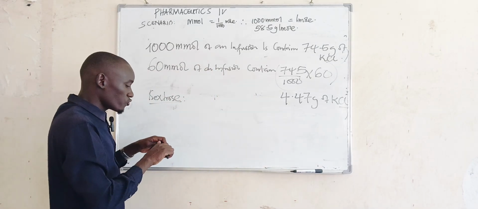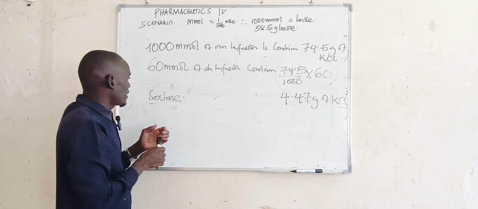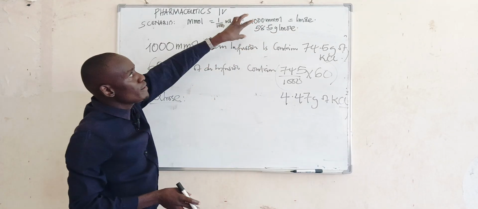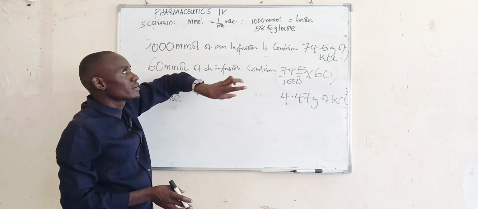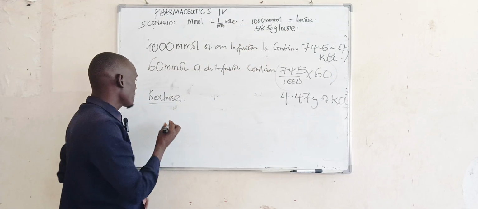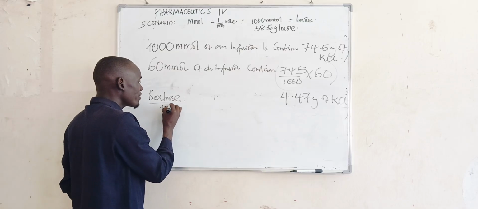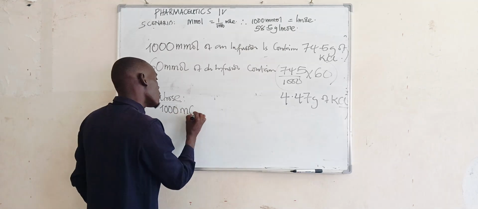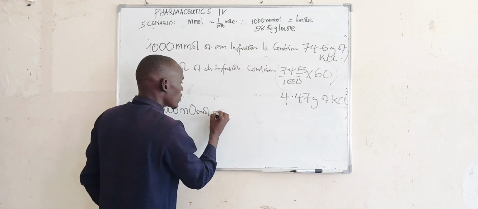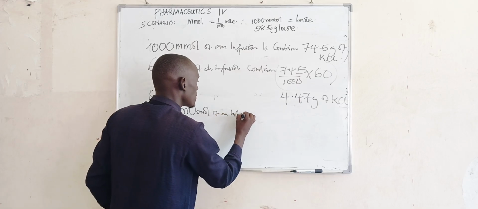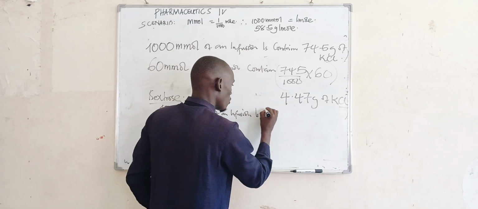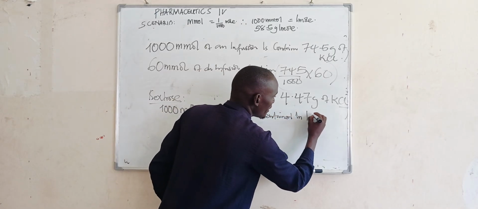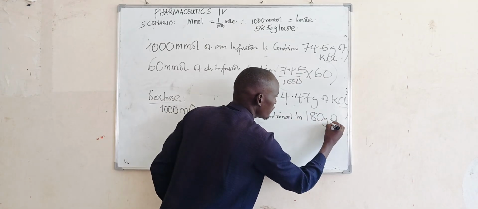We are aware that dextrose is a non-electrolyte, and therefore, according to the relationship between millimoles and moles, and also the molecular weight, we shall say that 1,000 mosmole of an infusion is contained in 180 grams of dextrose.